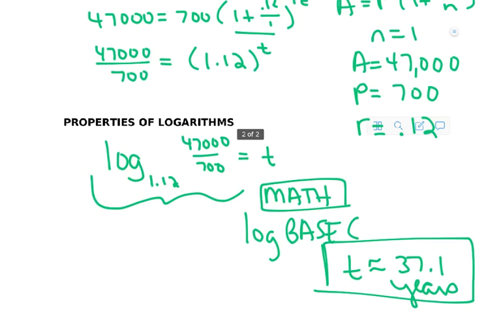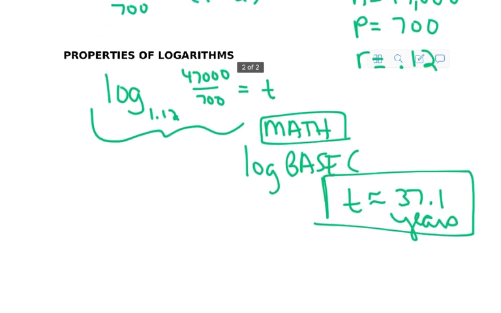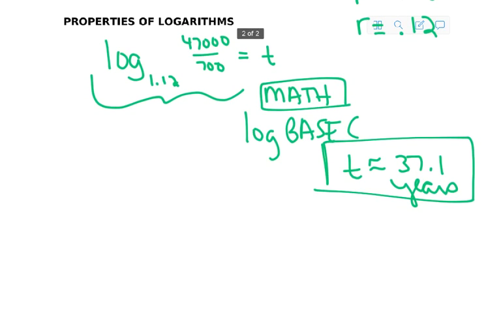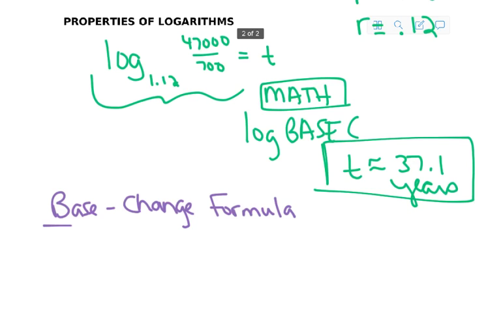However, if you don't have this log base function, I will show you another way, and this will come up again. We have something called the base change formula. The way the base change formula works is we're going to rewrite this log in a format that we can do in our calculator. The button on the left-hand side of your calculator that says LOG has a special base, and that base is 10. Well, that base does not say 10.